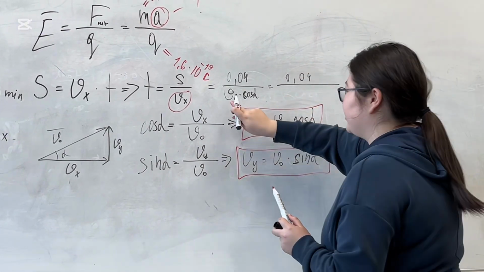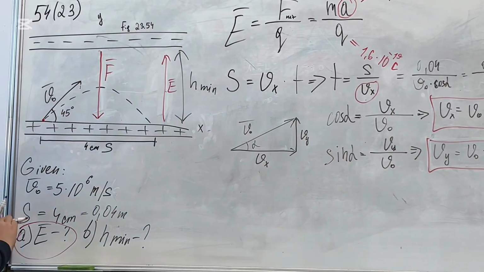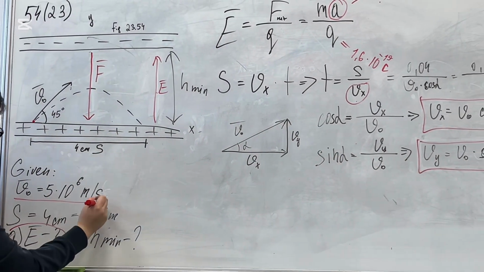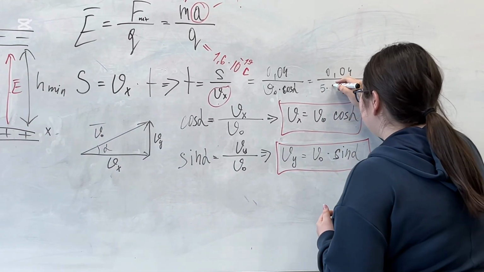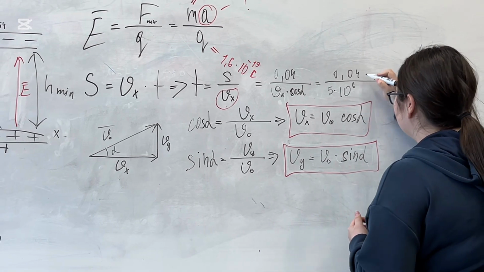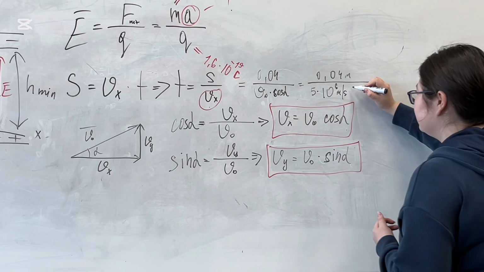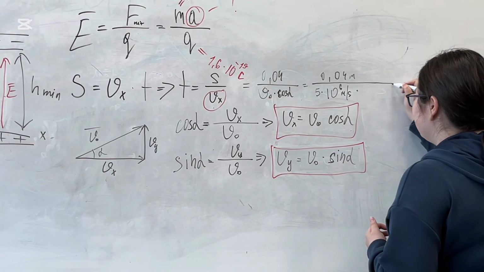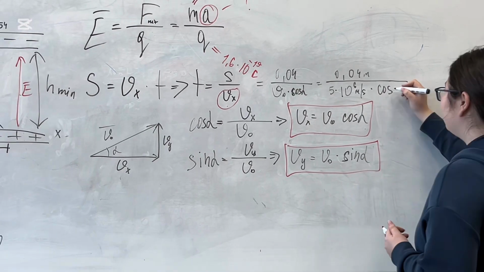We already have V0, it was also given here. It's going to be 5 multiplied by 10 to the power of 6 meters divided by seconds, multiplied by cosine alpha. Our angle is 45 degrees.